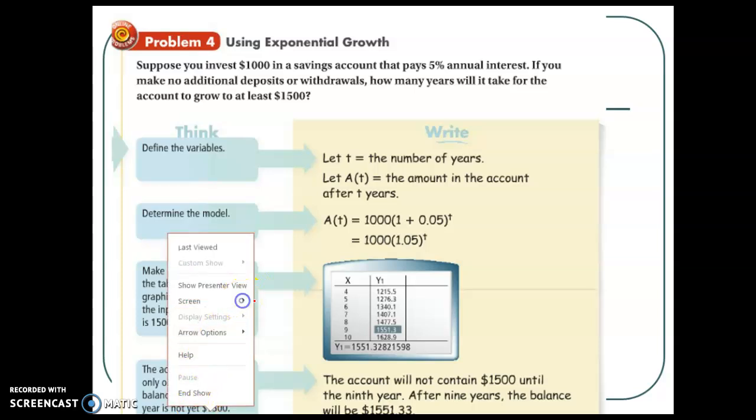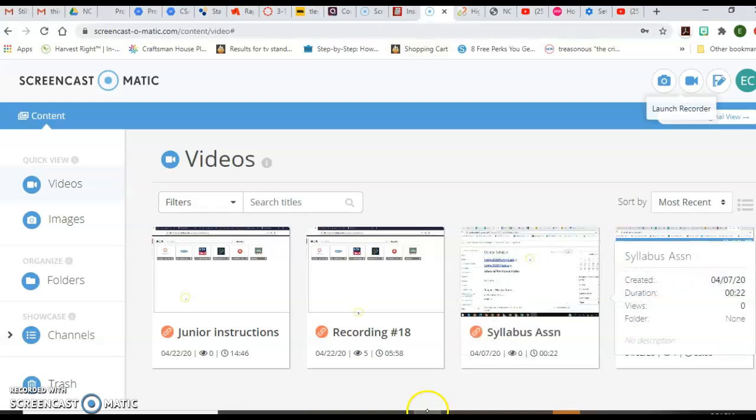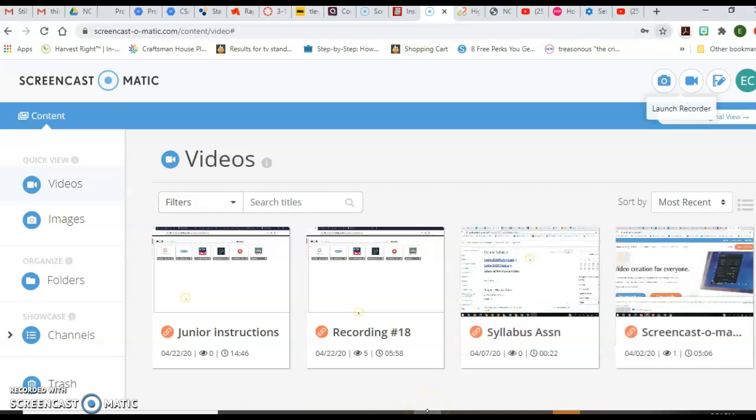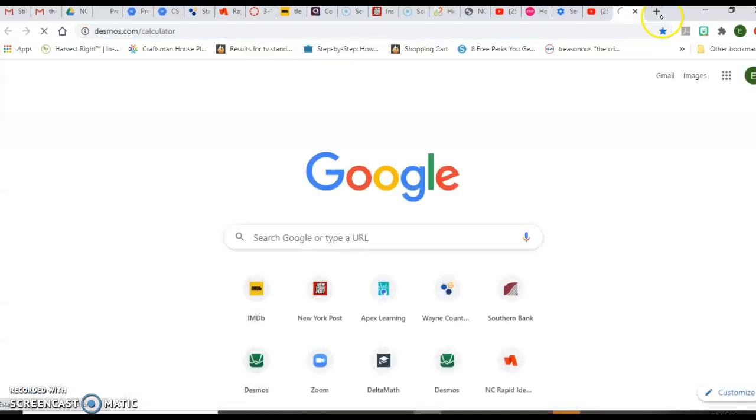Let's see if I can get a screen up here. Thought I had a Desmos. Okay, there we go.